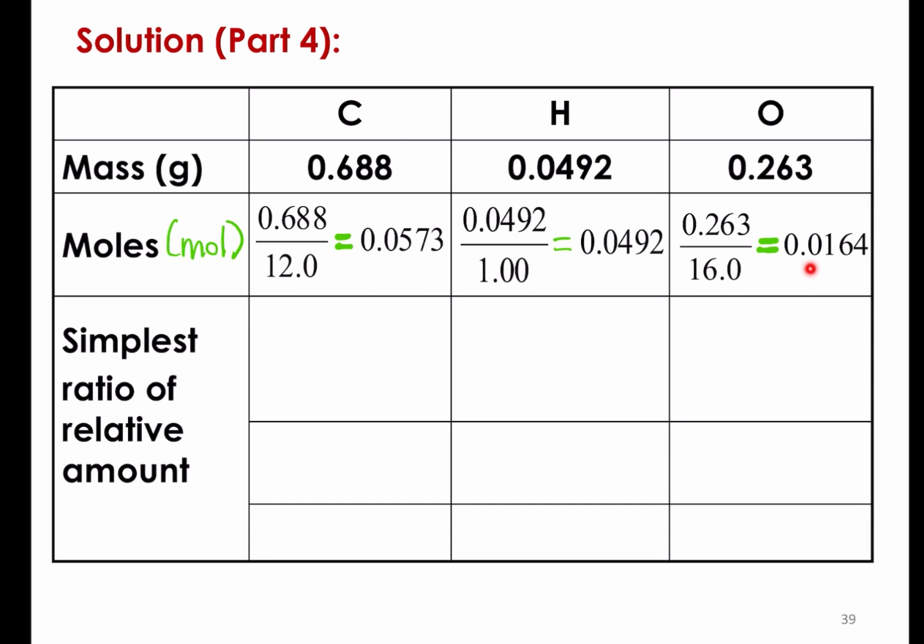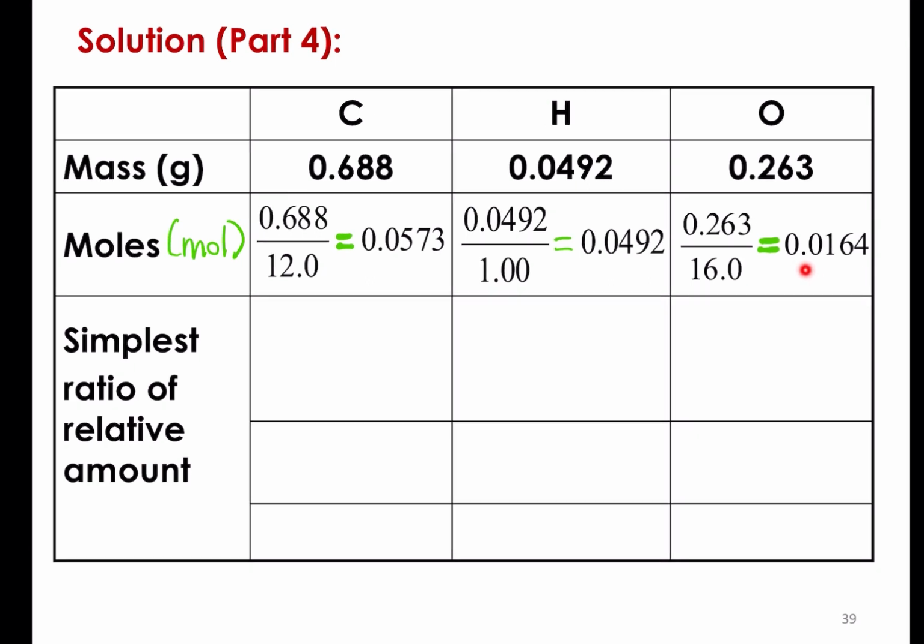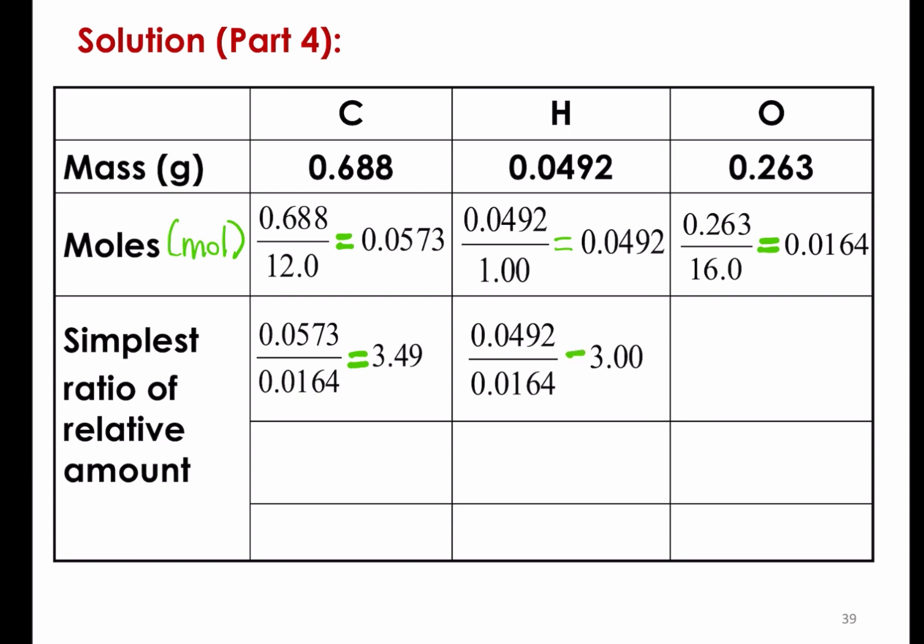So, 0.0164 will be our pembahagi. So, saya akan letakkan dalam saya punya calculation of simplest ratio, where I have 3.49 as my simplest ratio for carbon, and I have 3.00 simplest ratio for hydrogen, and I have 1.00 simplest ratio for oxygen.